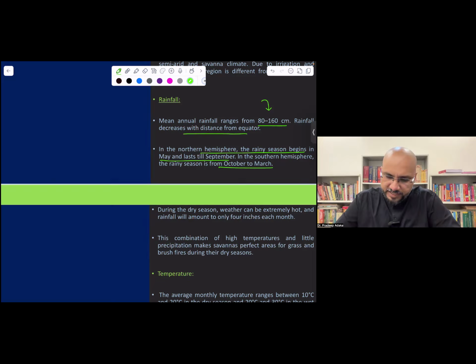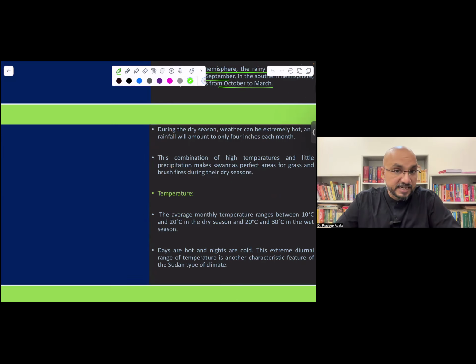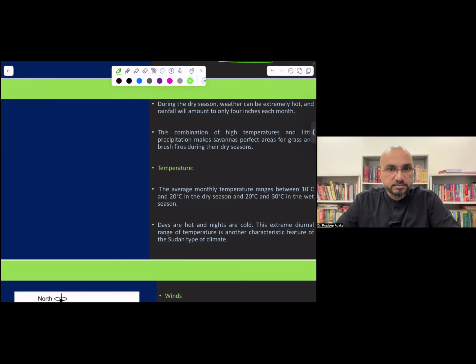During the dry seasons, weather can be extremely hot. The rainfall which is received is not enough, and most of it is evaporated, right? So the combination of high temperatures and little precipitation makes the area perfect for the growth of grasses. The moisture is not enough to support very large trees, but it is enough to support the grasses.